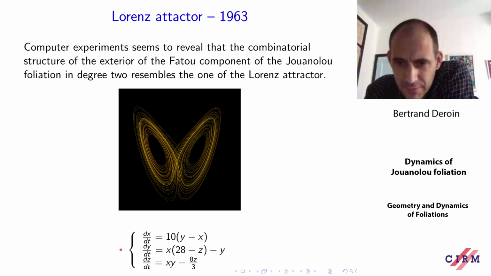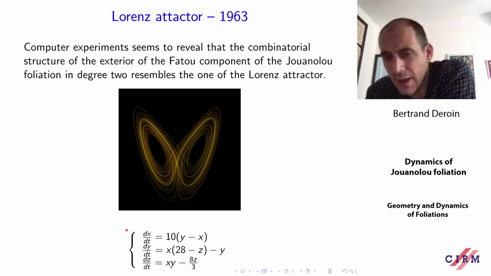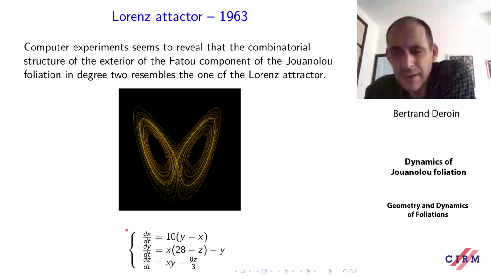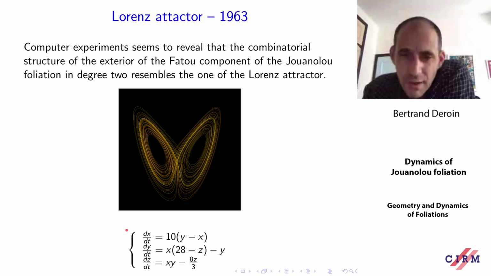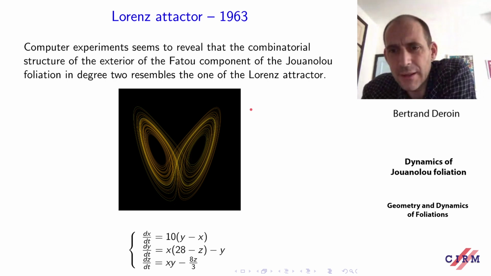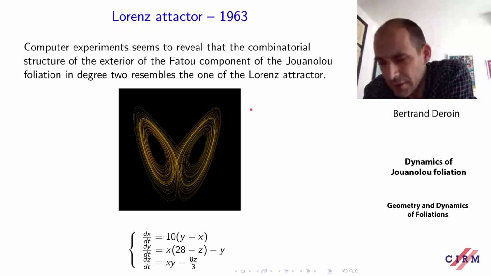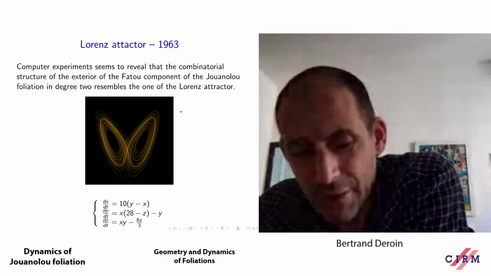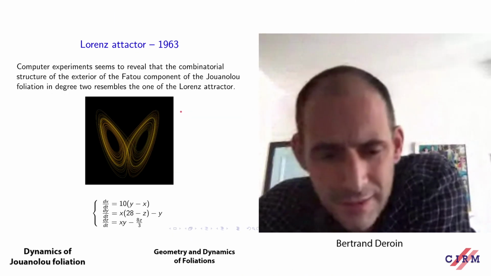Take note that this differential equation is taken with x, y, z real numbers. So it is a differential equation in the real three-dimensional space, and it has an attractor which is depicted here. What we were able to see is that, first of all, the exterior of the Fatou set resembles this picture, and also we have some idea about the combinatorial structure of this set.